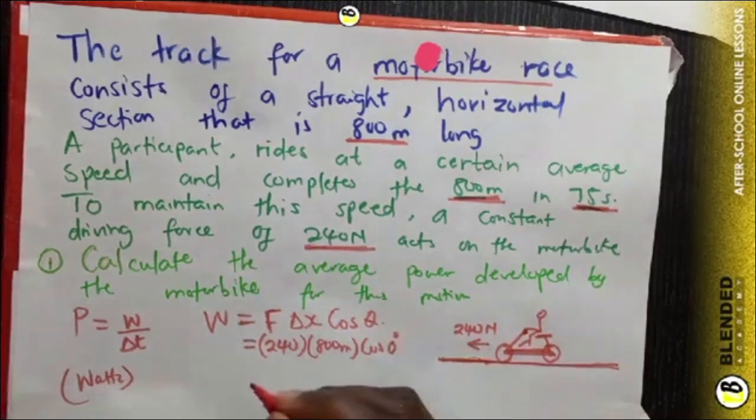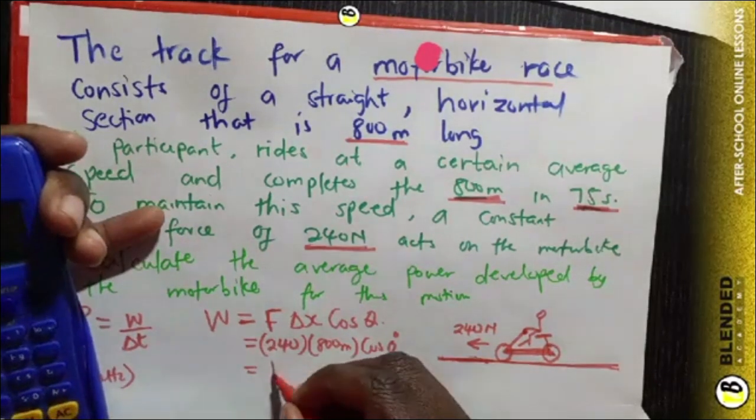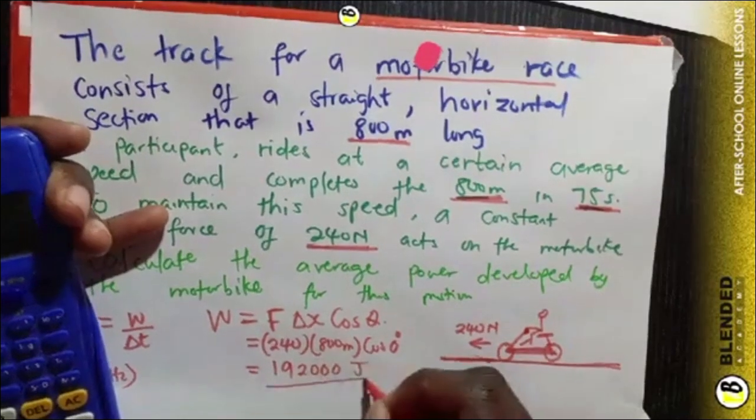You can just use your calculator quickly there to find out the value of the work done. Okay, it's 240 multiplied by 800 cos 0 degrees. So you're going to have 192,000 joules. That's the work done.